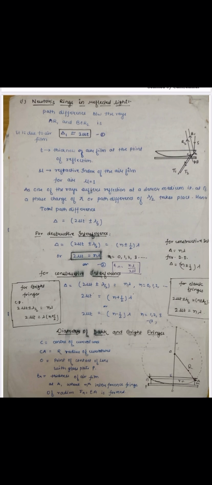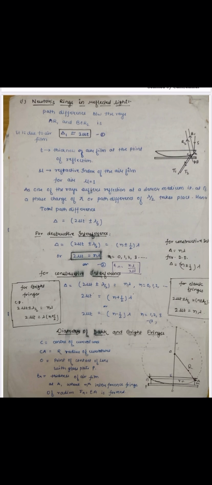So here the total path difference 2 mu t plus minus lambda by 2 is equal to n plus minus half lambda. So the formula comes out to be 2 mu t is equal to n lambda. Here you get t n is equal to n lambda upon 2 mu.